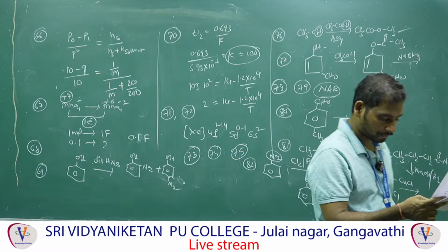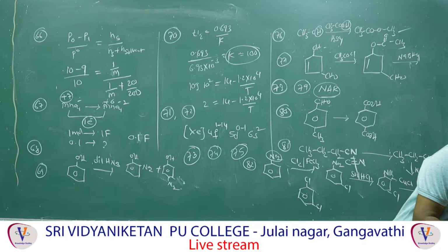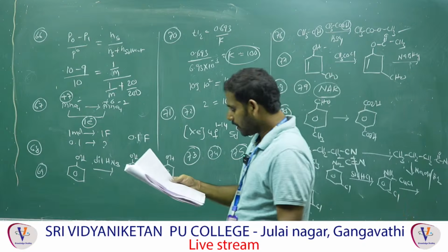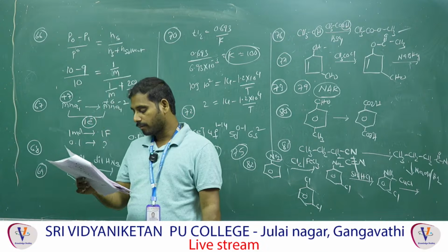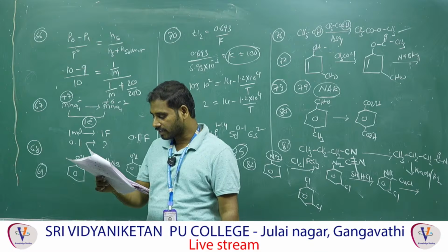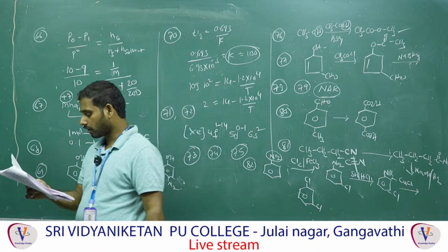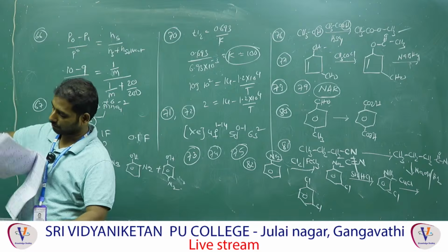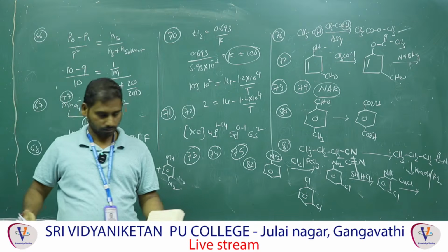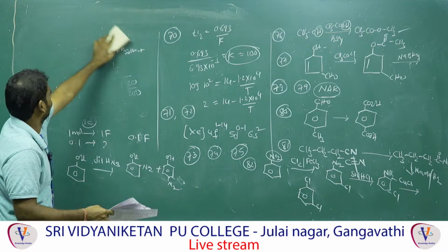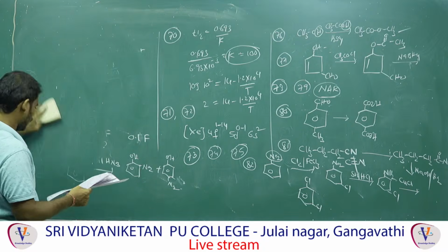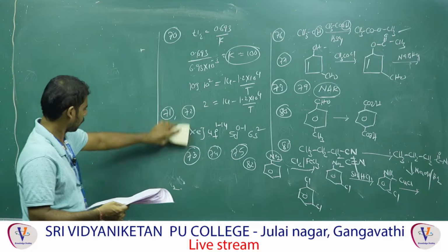Now question number 83, vitamins. Vitamin A, xerophthalmia. Vitamin B12, anemia. Vitamin D, rickets. Vitamin B6, convulsions. That's all. Next one, 84.